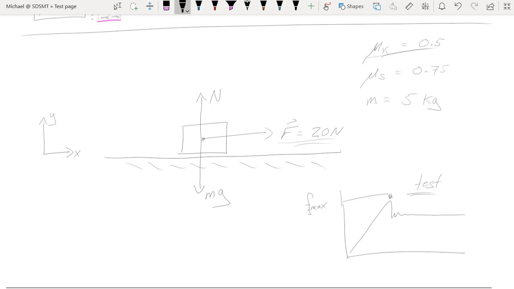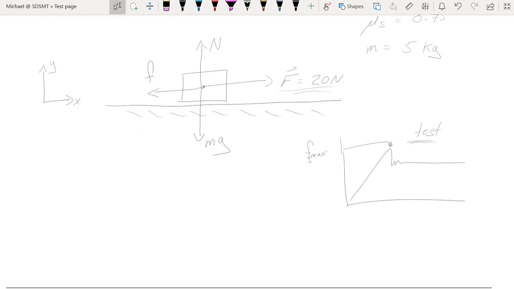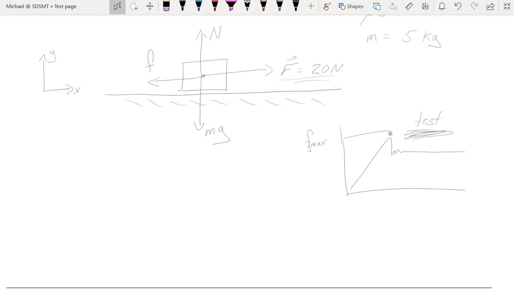The implied direction of motion for this block is to the right, because that's the direction our applied force is pointing. We know that friction has to oppose the direction of motion, so we're going to have a friction force pointing to the left. Now, is that going to be kinetic friction or static friction? We don't know yet. That's why we're going to apply this test.